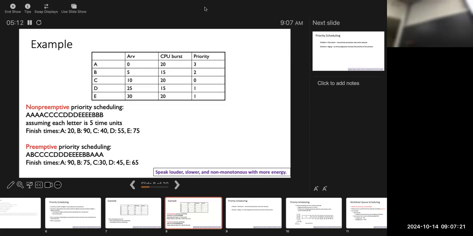So the issue is, let's say you have process 0 and it has priority 0. Remember, we are using the convention where a lower number means higher priority. And let's say this process 0 has a CPU burst of 1000 time units, right?